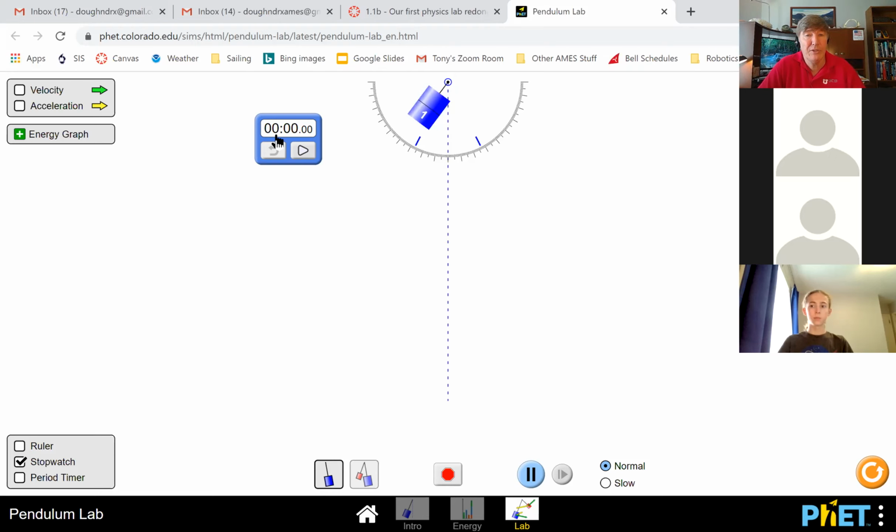So what we're going to do is we're going to do 10 repeats, and then we'll divide the time we get by 10. All right, so here goes, start. 1, 2, 3, 4, 5, 6, 7, 8, 9, 10. All right, so it looks like the period is 0.657, because remember, I'm going to divide this by 10.